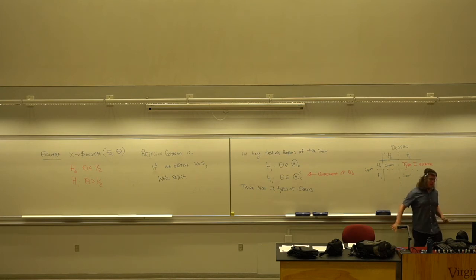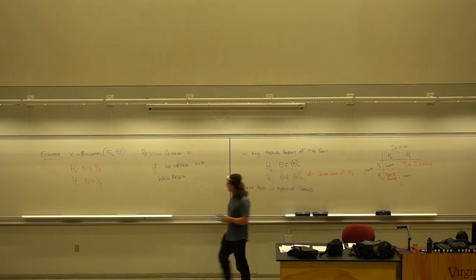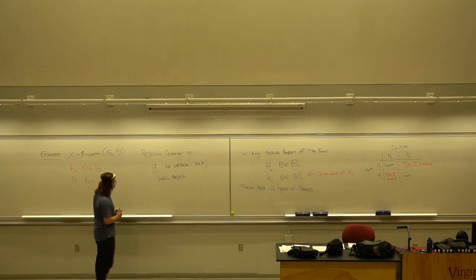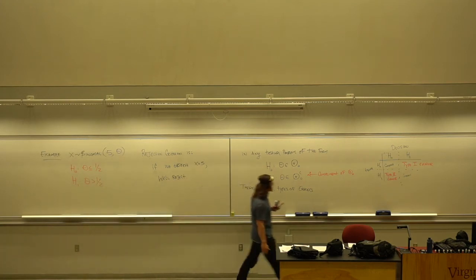Now, some people have a lot of problems with that language. We fail to reject H naught. If that bothers you, insert that. I'm ultimately going to say you've made a decision about H naught. So this is a type 2 error. We're going to talk about these two different errors in the context of this problem. Okay, so back over here. Let me tell you a little bit more about this.